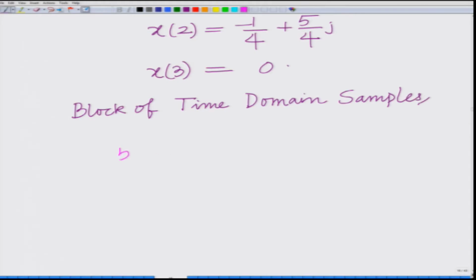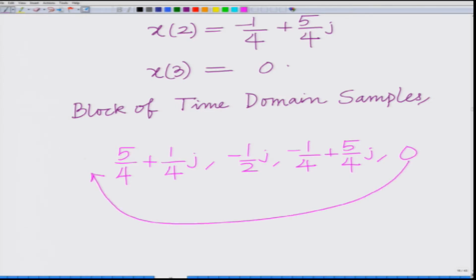So, the block of time domain samples therefore is given as 5 by 4 plus 1 by 4 j, minus half j, minus 1 by 4 plus 5 by 4 j, zero, and now you take this 0, place it over here.